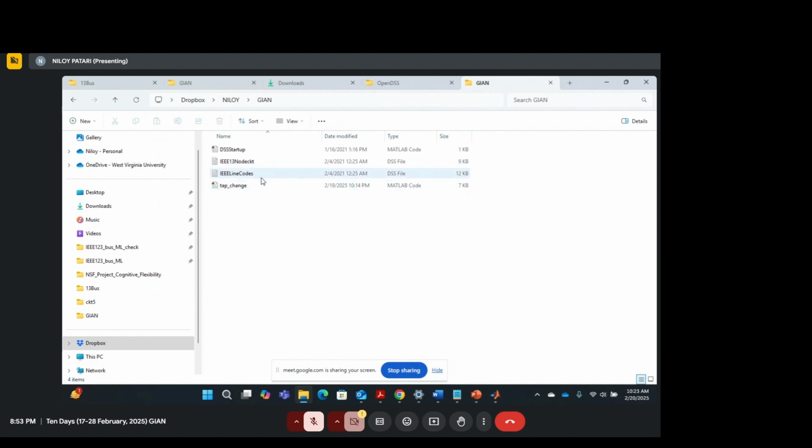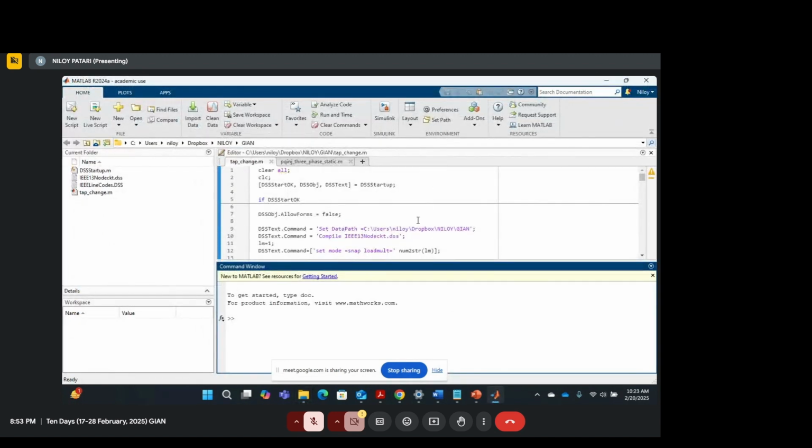This folder has two DSS files, which were initially there in the IEEE 13 bus system as well. And I have created two MATLAB codes just to show how tap changes work and all of that. This is just to show how the MATLAB COM interface works.